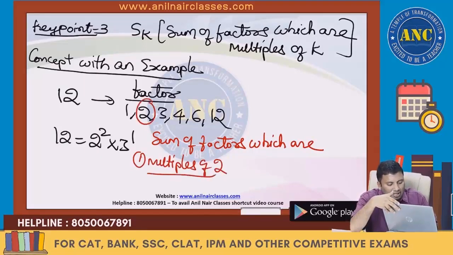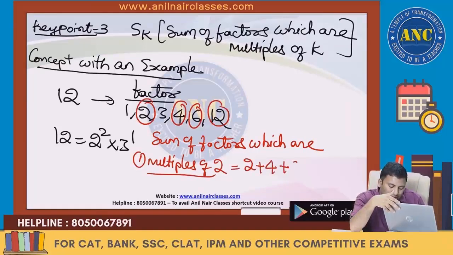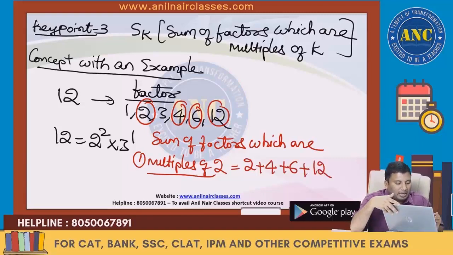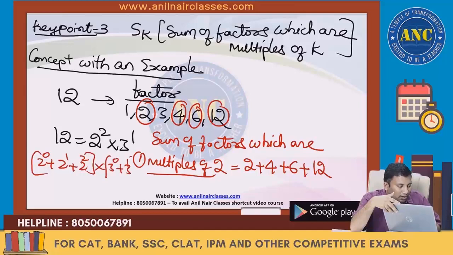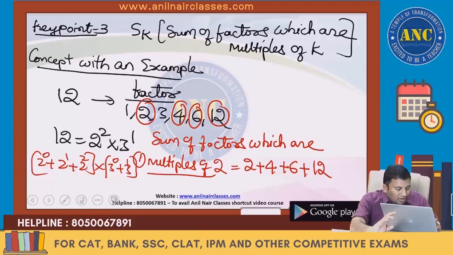Which factors are there? 2, 4, 6 and 12. So generically the value is 2 plus 4 plus 6 plus 12. But if you write it mathematically, the sum of the factors is 2 power 1 and 2 power 2, into 3 power 0 and 3 power 1. It is multiples of 2.